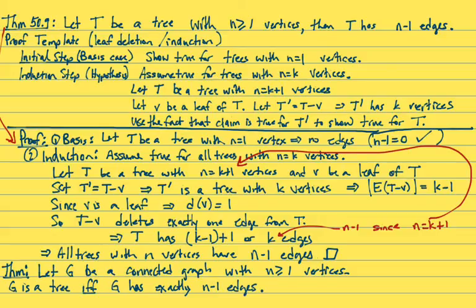So the theorem goes both ways. If it has n minus 1 edges, it's a tree, assuming it's connected. And if it's a tree, it has n minus 1 edges. The proof for that is omitted, and that is all that I want to cover from Section 50. You are now prepared to do the homework for Section 50.